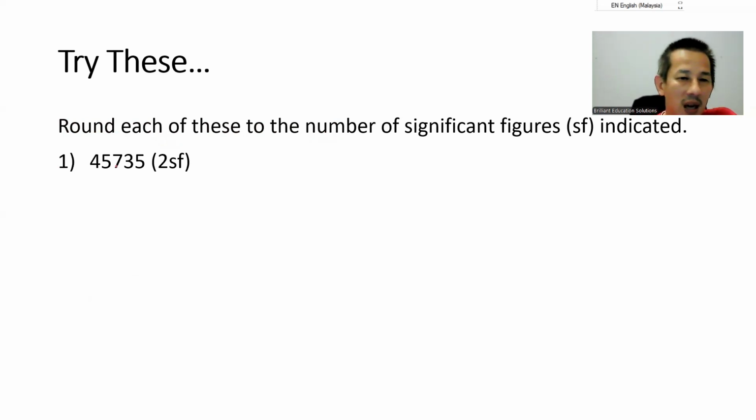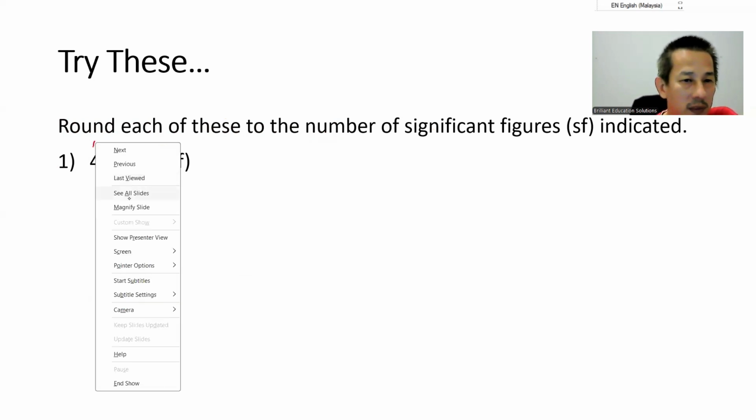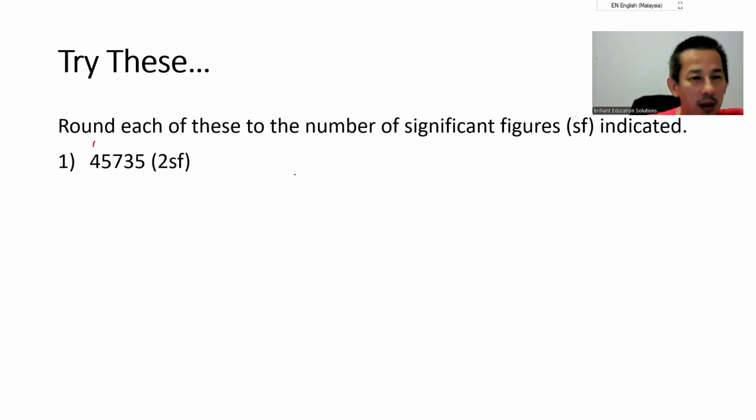45735 to two significant figures. The first significant figure is 4. Two significant figures, you count 1, 2, and you consider the 7, the next number.